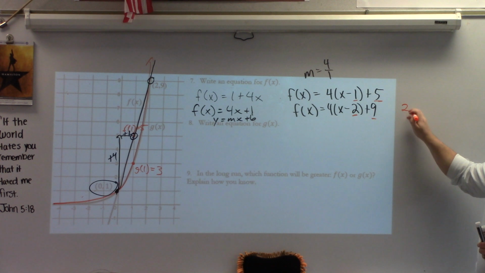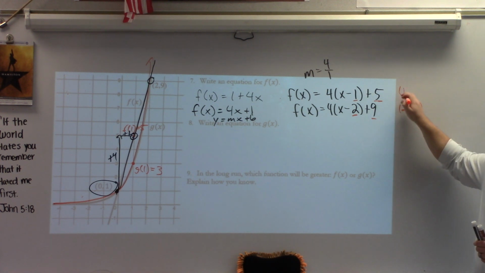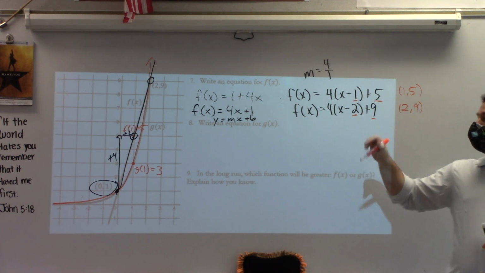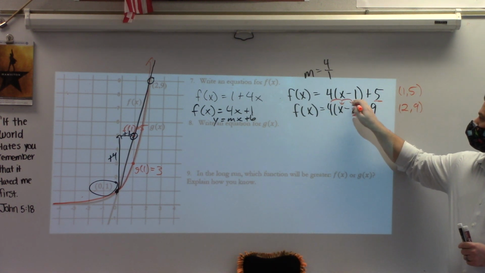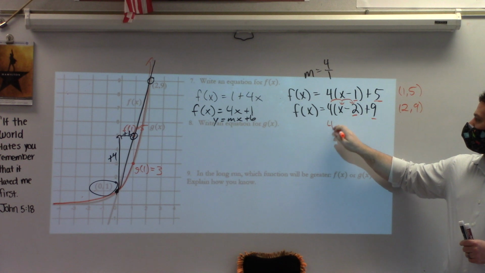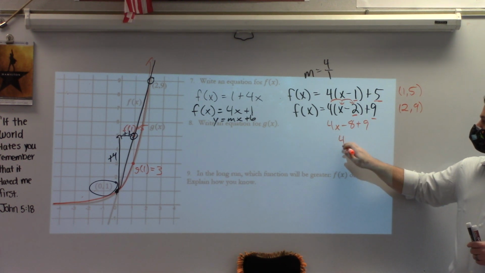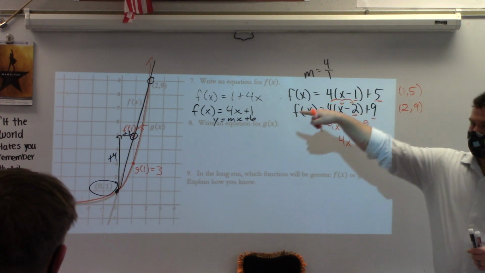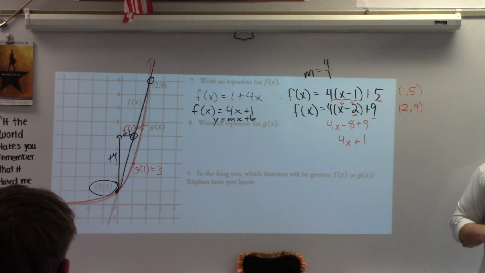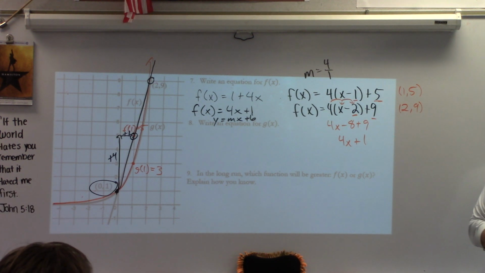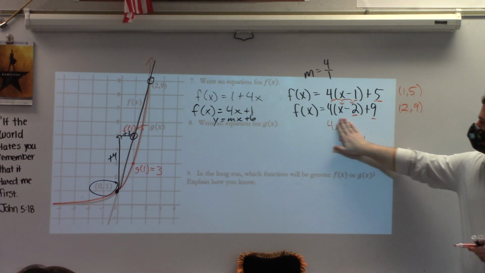Because notice I'm using the 2, 9 here and the 1, 5 here. Okay. And remember, all of these are equivalent. If you distribute, you should get your slope intercept form. So 4x minus 8 plus 9. What is negative 8 plus 9? 1. Hey, look, that's my slope intercept form. Same thing will happen with the top one. That's how you know they're all equivalent. They're all describing the same thing, they just have different starting points.